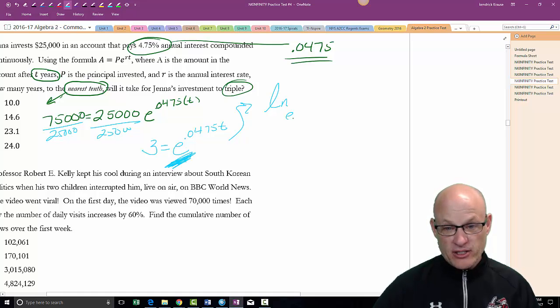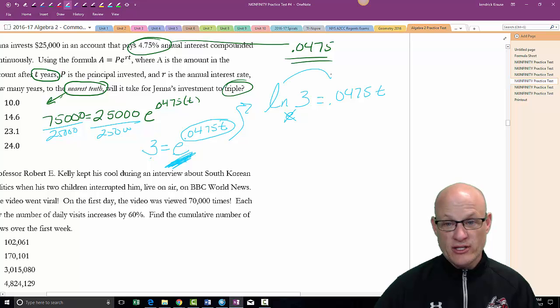Now the base would go down here, but with natural logs you don't have to put it in. Now we're taking the natural log, base e, of 3, because logarithms are equal to exponents, is equal to 0.0475t.